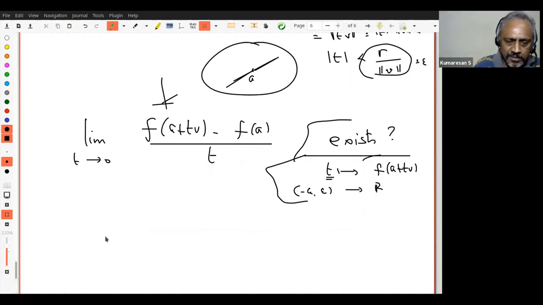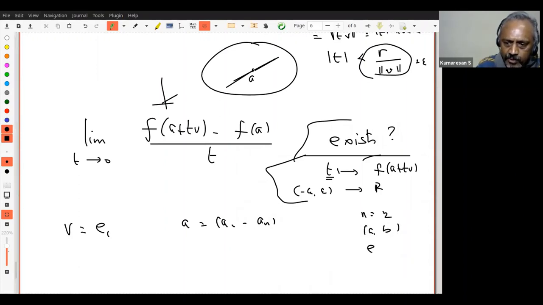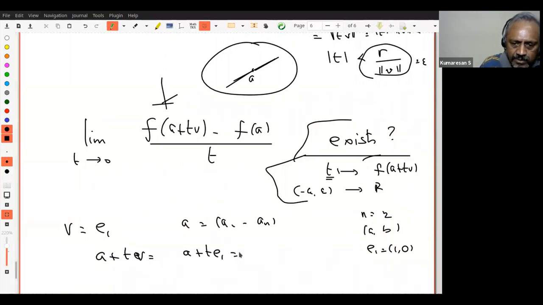What is this object? Suppose my v is E1. My A is, let us say, A1 to AN. Again, if you want, take n equal to 2 and A comma B, and E1 will be 1 comma 0. Therefore, what will be A plus tE1? That is A1 to AN plus t times E1, that is A1 plus t, A2, up to AN.